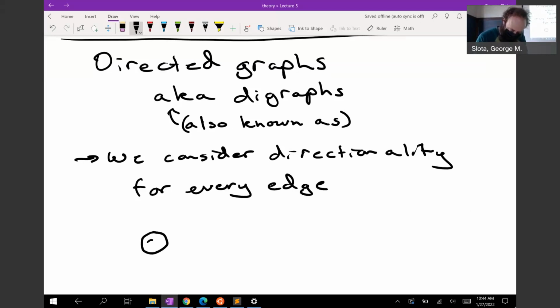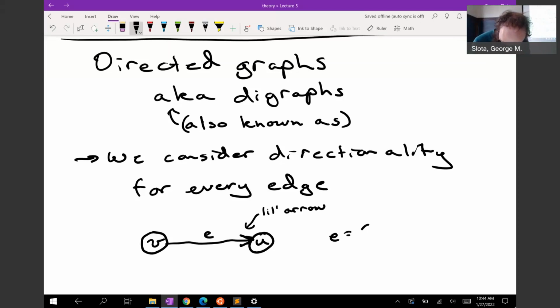So we got our V, we got our U, we got a VU edge, we got a little arrow, which tells us that edge is in fact directed. So this edge E would equal VU.